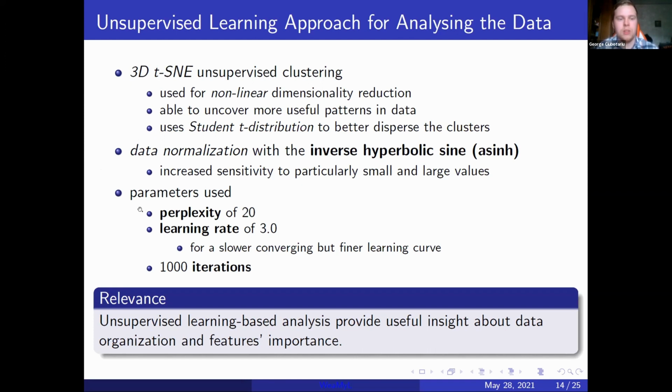And 20 is not that much, because of our problem of binary classification, we consider the clusters to be pretty good and pretty clustered. And the learning rate is 3.0, because we want the learning curve to be smoother and to avoid local minima problems. And we ran it for 1,000 iterations.